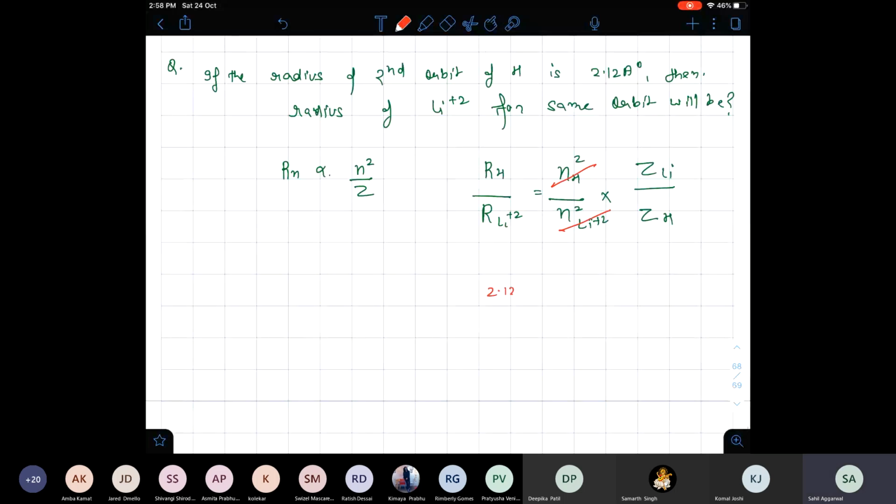So 2.12 angstrom divided by 3 is equals to the radius of Li2 plus. So it will be nearly 0.7 angstrom. Understood, Asmita?